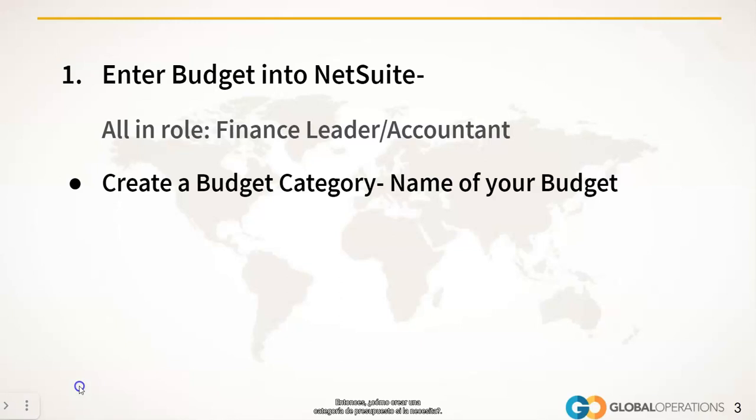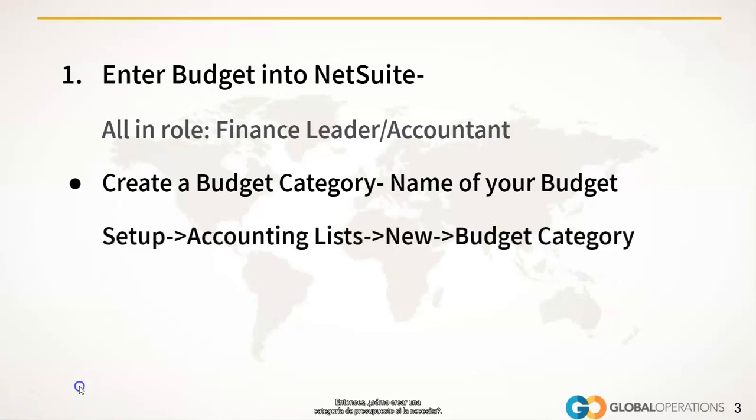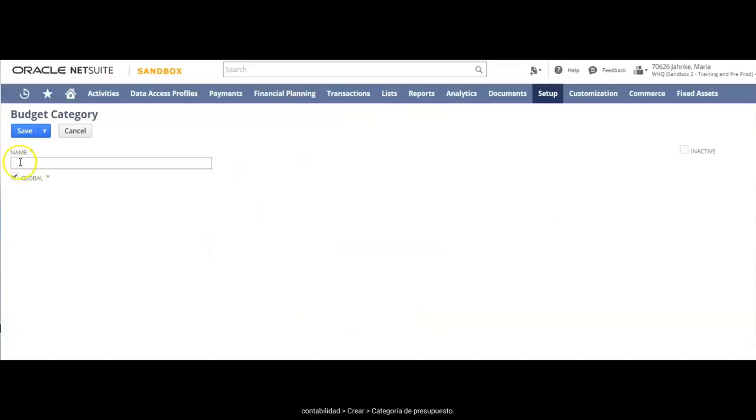So how to create a budget category if you need to. You need to go to Setup, Accounting Lists, New, and Budget Category. Just enter the name of your budget category.